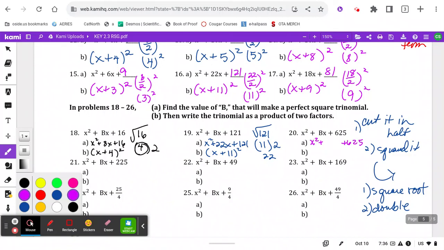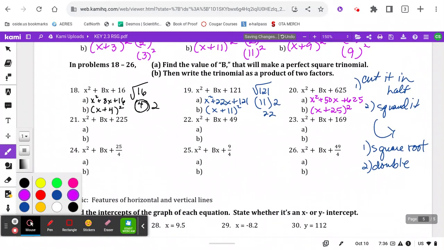What is the square root of 625? You got it, it's 25. 25 doubled is 50. Square root of 225 is 15. 15 doubled is 30.